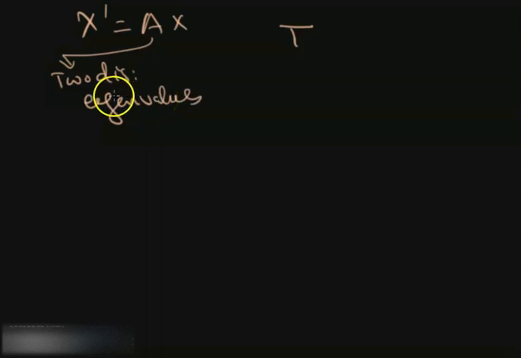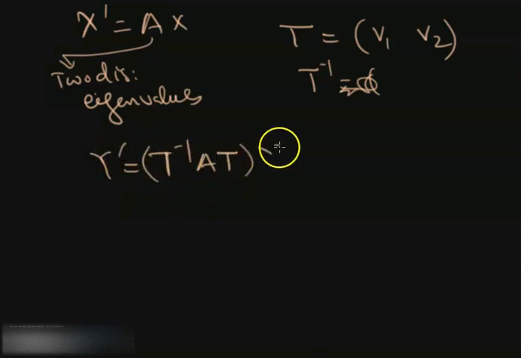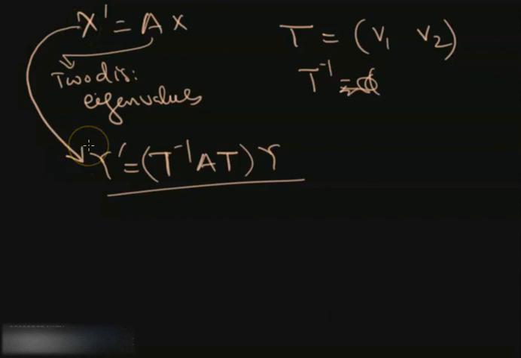Okay, so we can define a T in the form of eigenvectors v1 v2, and then we can define T inverse, some matrix, then T inverse AT y, y prime equal to T inverse AT times y. This will be a new system that will be transforming this system into a new system, and now we can easily study this system and solve this system.